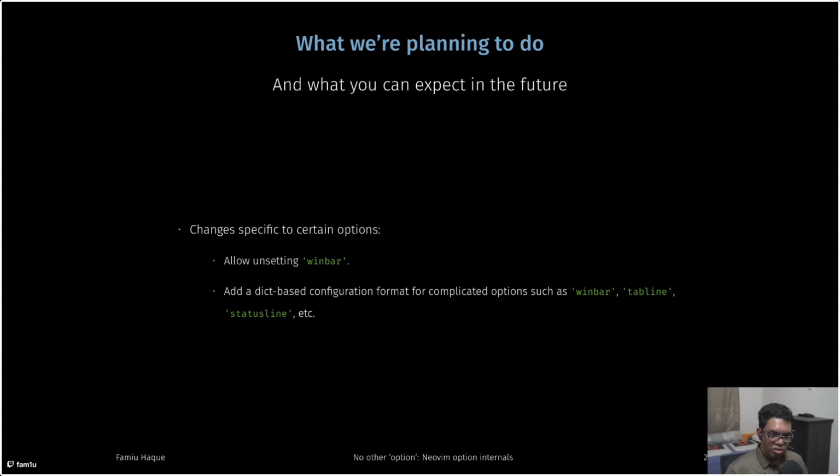So for these three options, winbar, tabline, and statusline, I want to allow them to be modified as lists, so you can have a list of components, and what it will do is merge all of those components together. That's what I'm planning to do eventually when we get to that point. So that's gonna be exciting, hopefully. Moving on.